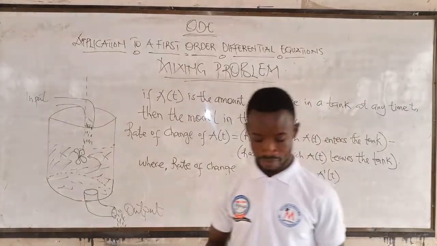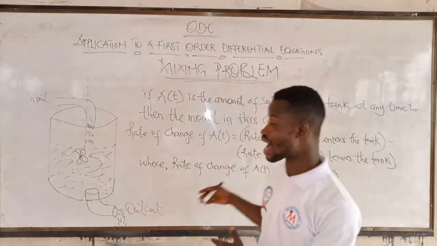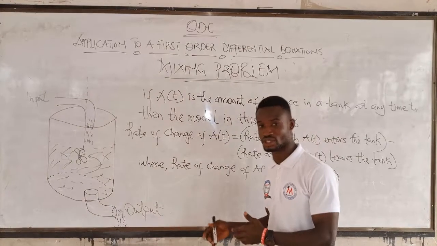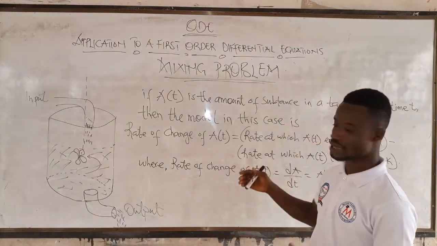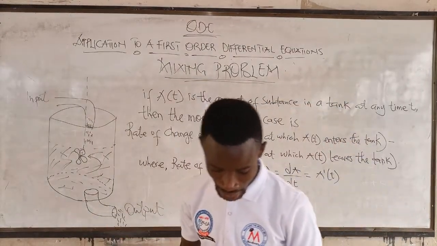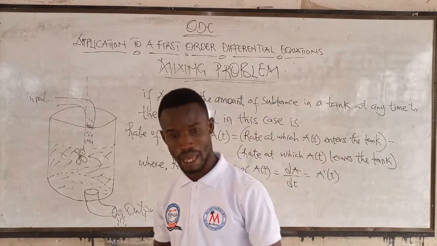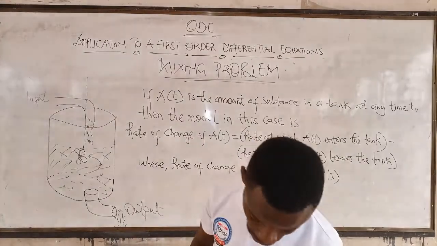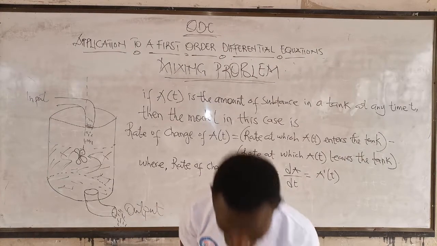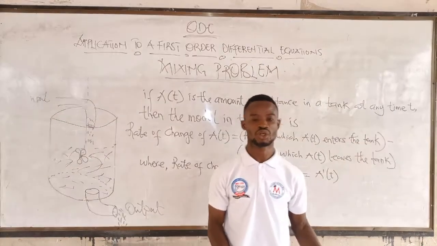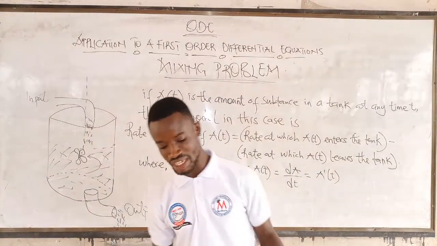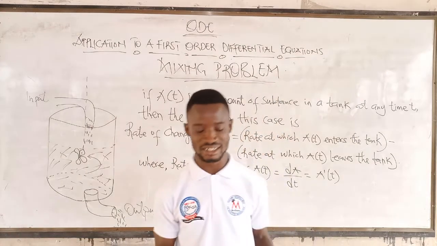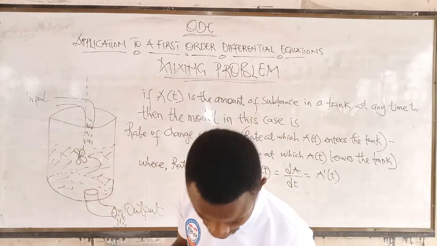Very good. After that, we came to application to economics, application to chemistry, and we are still at application to chemistry. So this is the second part of the application to chemistry, which is the mixing problem. The mixing problem is also called compartment analysis. So if you don't hear mixing problem and you hear compartment analysis, they are all the same.